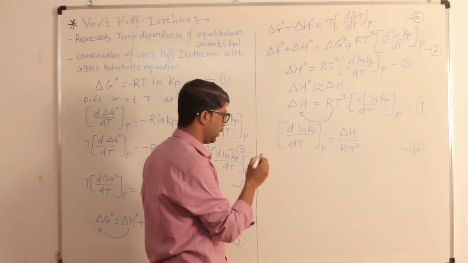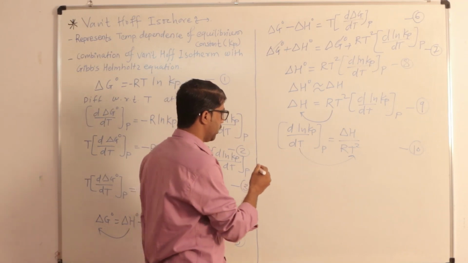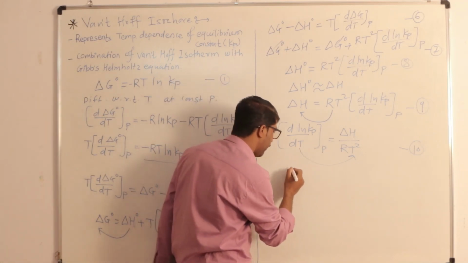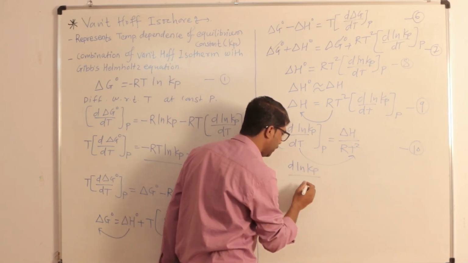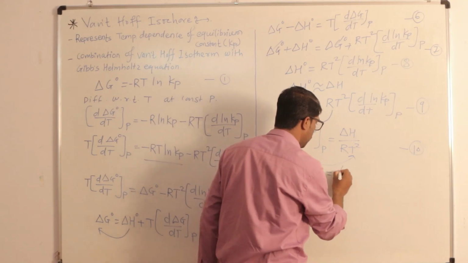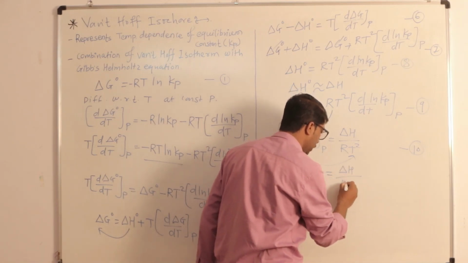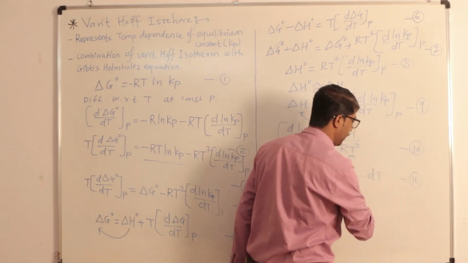In the next step, I am going to transfer this term to this side. Then we will get d ln Kp, which is equal to delta H upon RT square multiplied by dt. This is equation number 11.